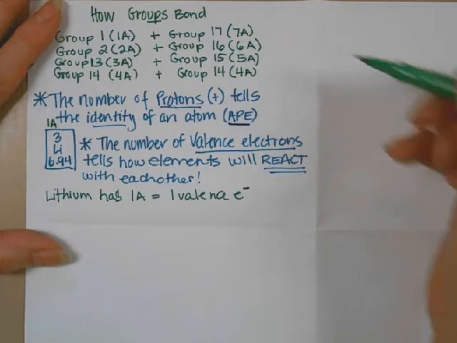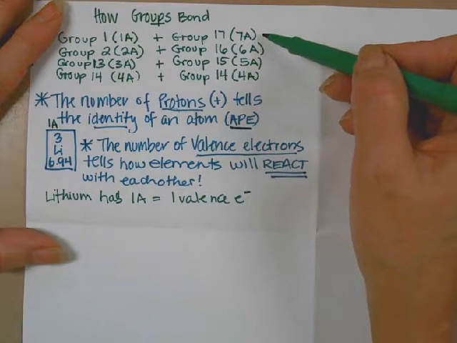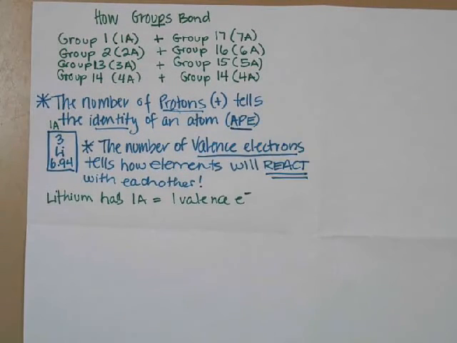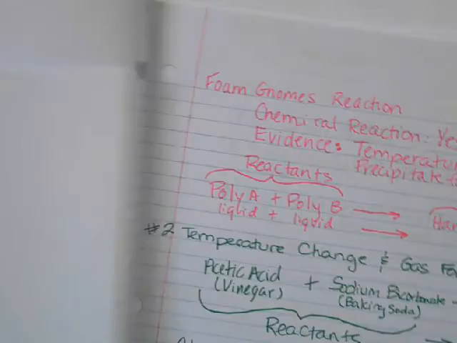So it's going to want to react with somebody from group 17, which has 7A. Remember, these 1A and 2A and all these numbers are found on your periodic table. Let's go back to that for just a second.